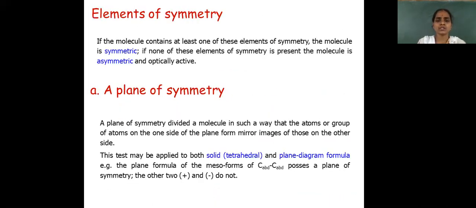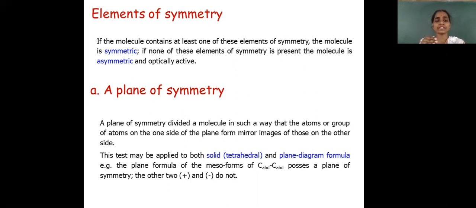Plane of symmetry. What is meant by a plane of symmetry? When we pass a plane through any given compound, it cuts the molecule into two equal halves, and at the same time one half is the mirror image of the other half. That is the main point here.